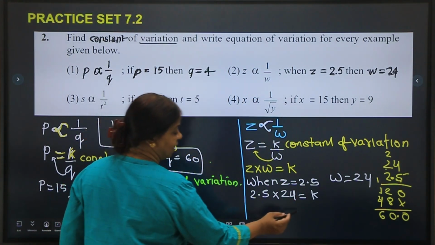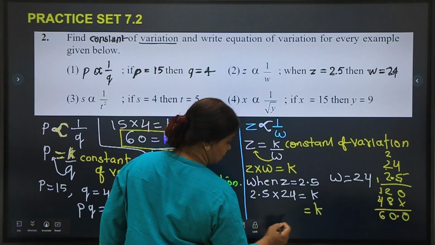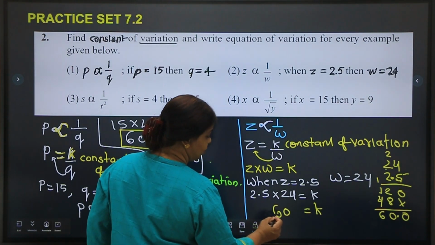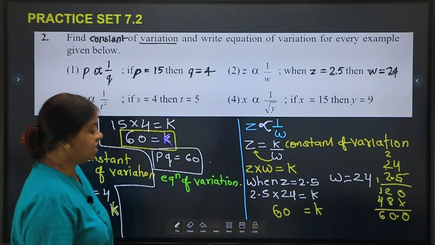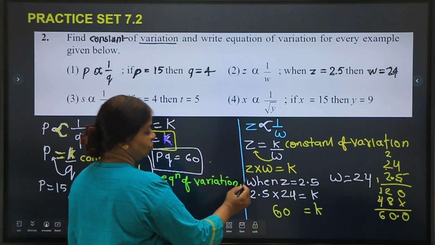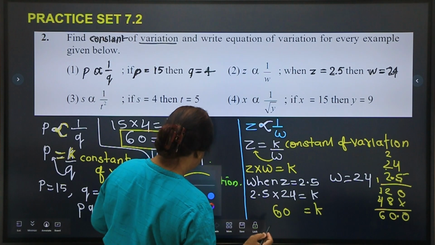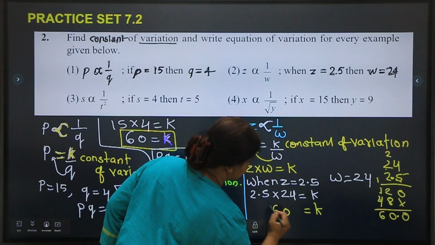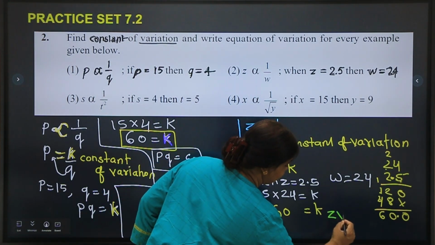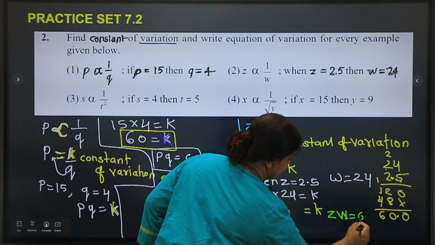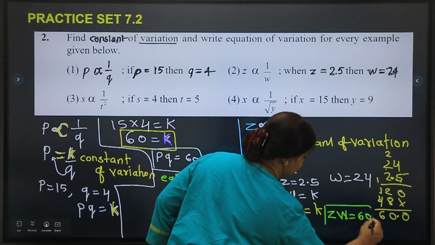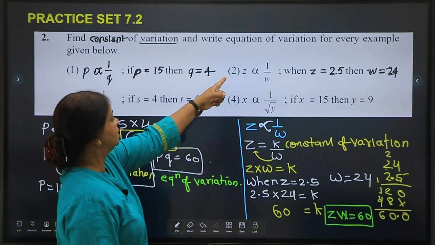So, K value you got is 60, but we also need to write the equation of variation in this case. So ZW is equal to K, so we can write here the equation of variation as ZW is equal to 60, and this is your equation of variation in case 2.